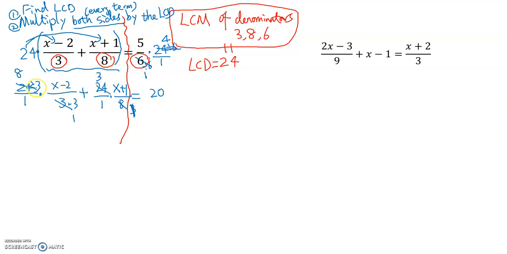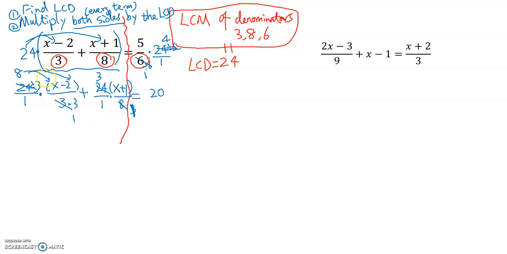Now the next step, when we multiply the top, be very careful because the top, 8 times x minus 2, this x has to multiply both of them because x minus 2 are both on the top. And so it's better to put a parenthesis there to remind ourselves there is a distribution that we have to do.